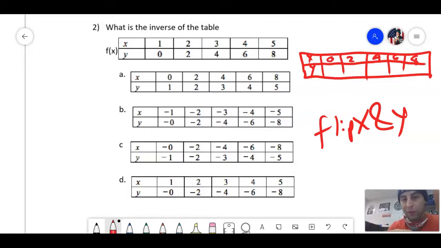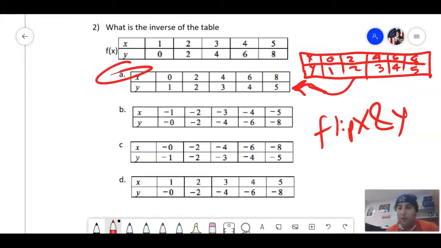And on the bottom is going to be the top, which is 1, 2, 3, 4, 5. Which table matches the flipped version? Okay, notice negative signs, none of those change, positive and negative signs. So in this case, A.